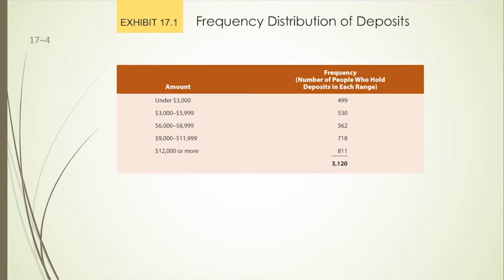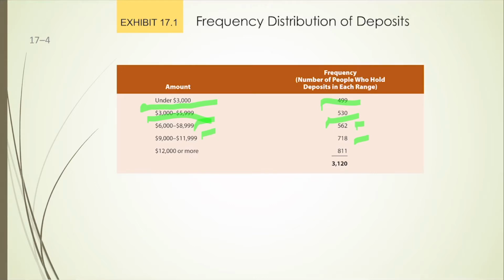A frequency distribution is the number of people who hold deposits in each range. So frequency under 3,000, there are 499 of them. 3,000 to 5,999, that's the number of people within this range group, and it goes from 562, 718 for 6,000 to 8,999, 9,000 to 11,999, and so forth.